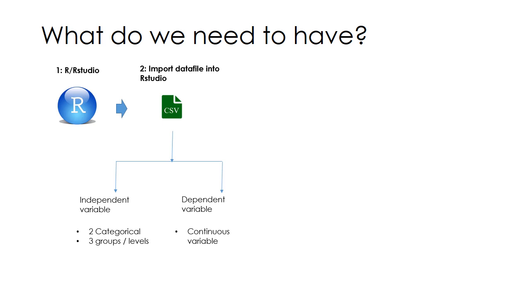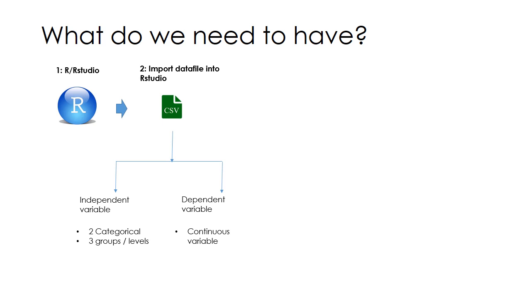So once you have your Rstudio operating, you need to import the data file into Rstudio, and in the data file you have to make sure that you have an independent variable and also a dependent variable. You should have two independent variables, which are both categorical. Both independent variables have to be categorical, and they need to have 2 or 3 levels or above.